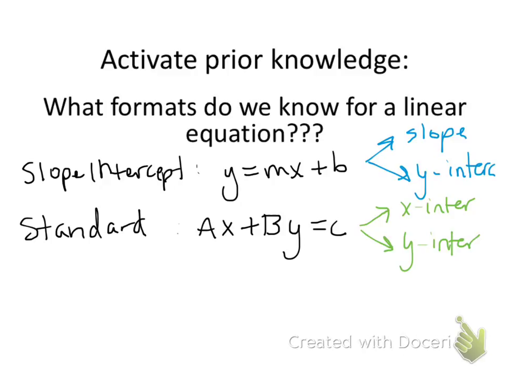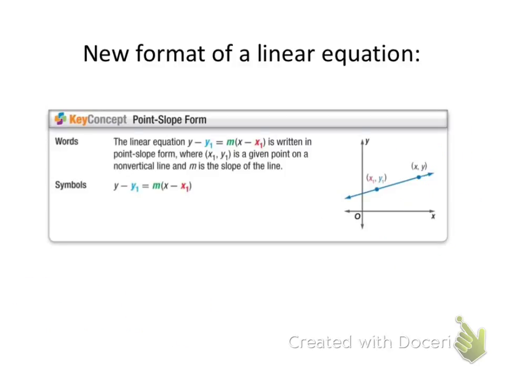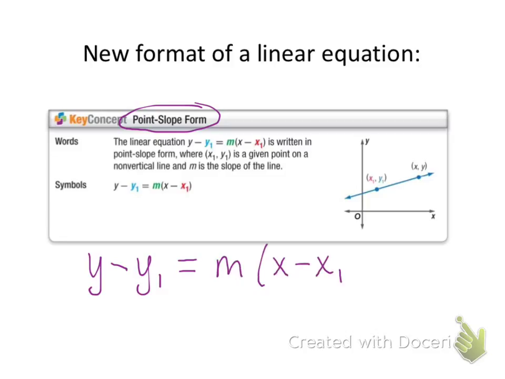Now, today we're going to learn a format called point slope. And it looks like this. Point slope form is y minus y1 equals m x minus x1.